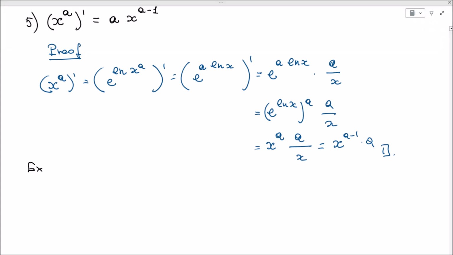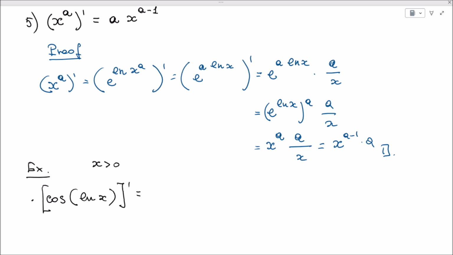Let me give you an example of this. Let's suppose that we need to evaluate the derivative of the cosine of logarithm of x. Of course, this is only valid for x larger than 0, where the logarithm is defined. So we can use the compound function theorem here.